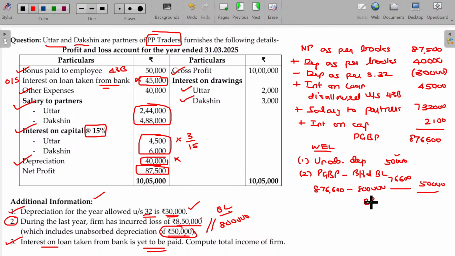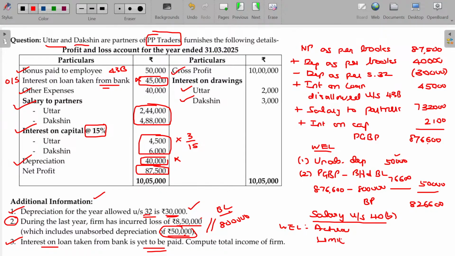Now, in this book profit, how much is it? 8,26,600. You have to calculate the salary under section 40 clause B. Whichever is lower of actual and limit.